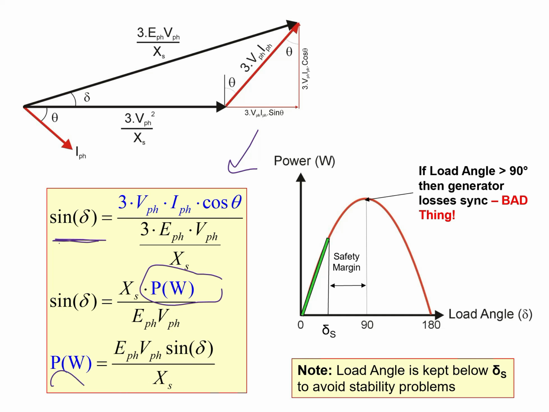So in order to change the output real power, one of these can be changed, but it is always desirable to keep the load angle below over here to avoid stability problems, because when the load angle becomes 90, then the power becomes very high and there will be some problems in the lines of the magnetic flux.